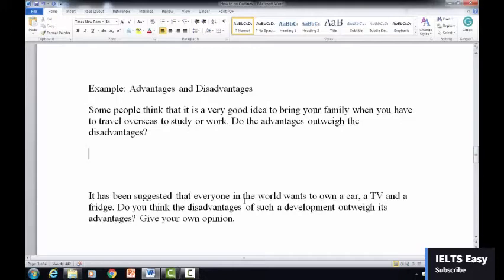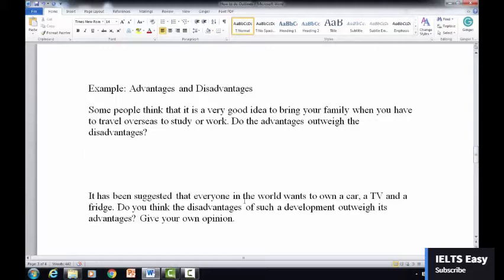Some people think that it is a very good idea to bring your family when you have to travel overseas to study or work. Do the advantages outweigh the disadvantages? So here, we don't have to think about or try to figure out what our controlling ideas are going to be. All right?